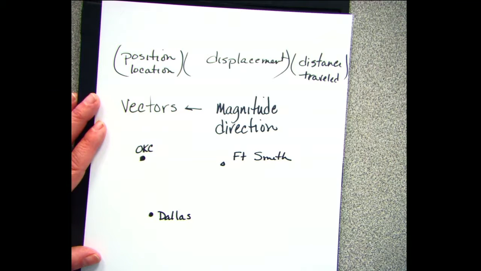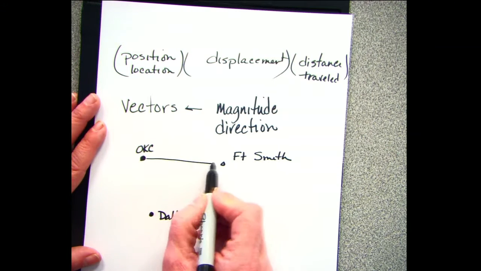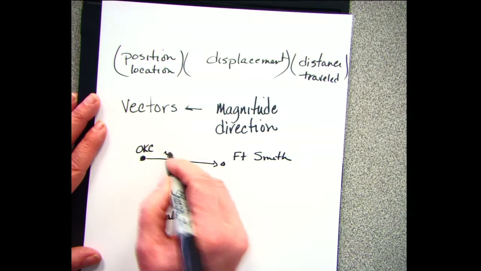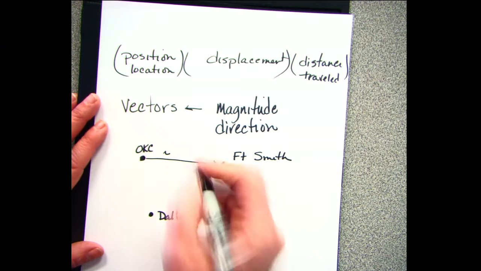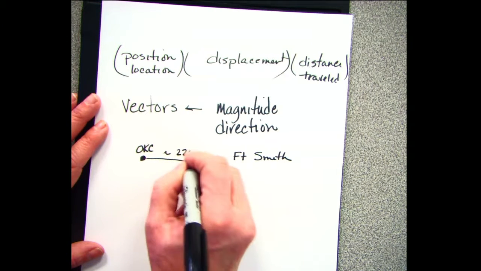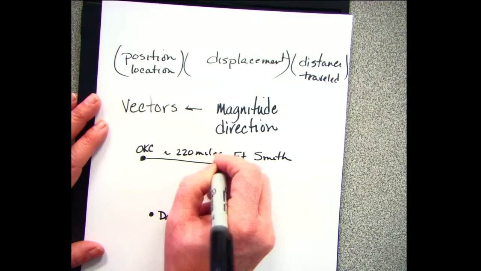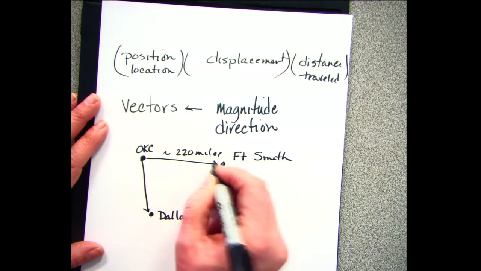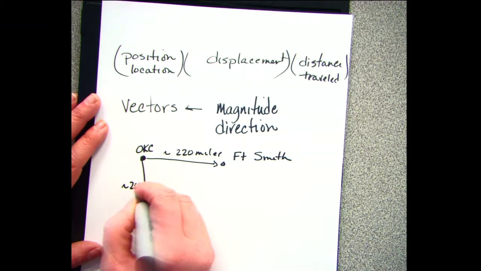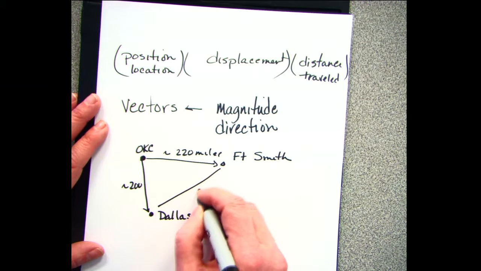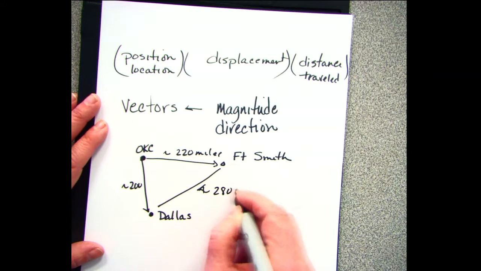As the crow flies, this is about 220 miles. This is about 200 miles. And this is about 280 miles.